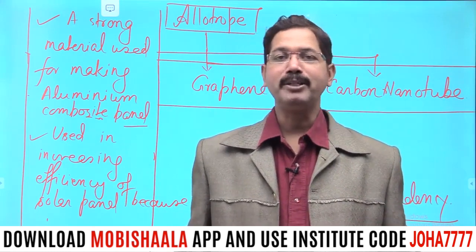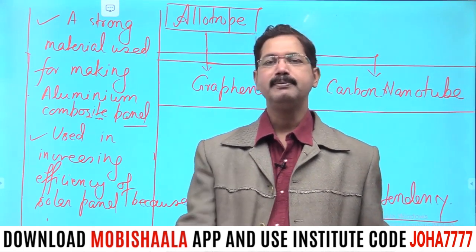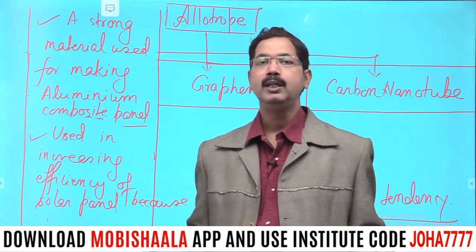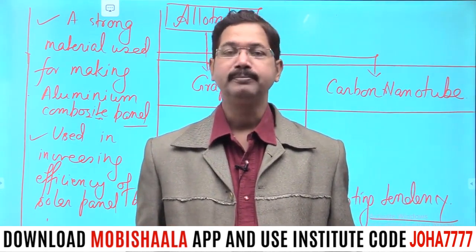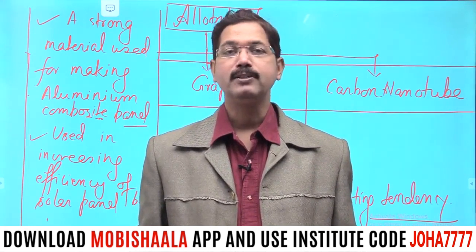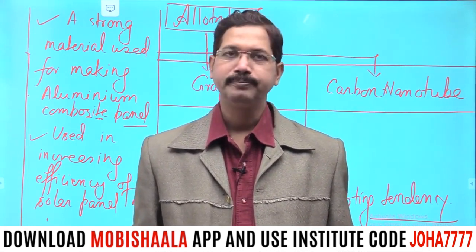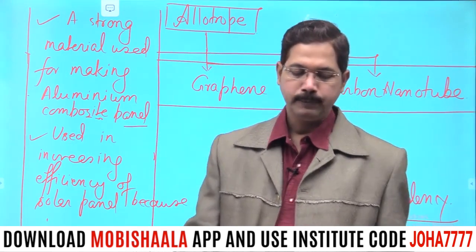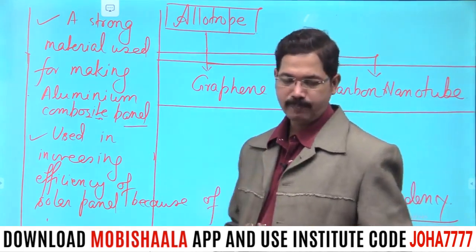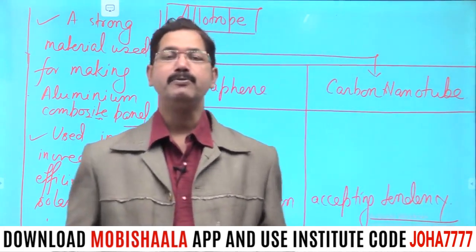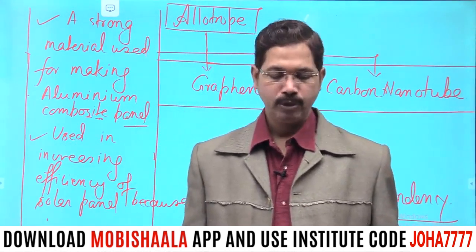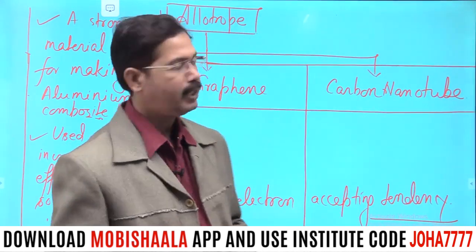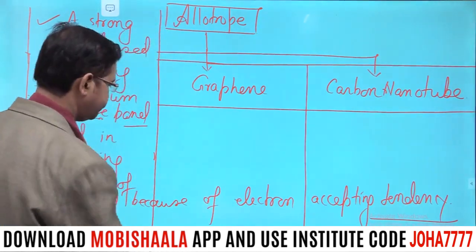In general, carbon is not so strong, but if it is in graphene form, it is 100 times stronger than steel. So this is a type of semi-metal, and that semi-metal has very good characteristic features of electronic things. So it is very useful in electronic materials.